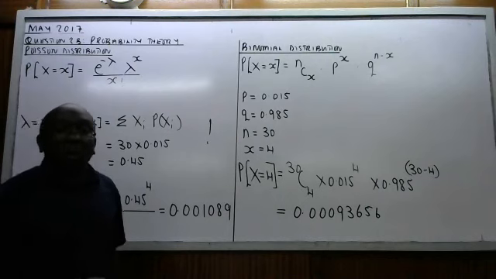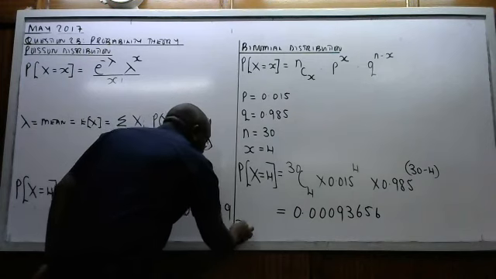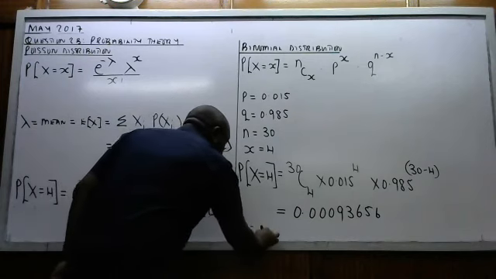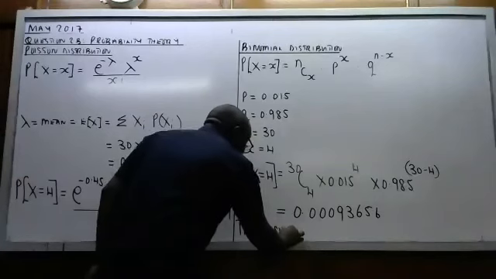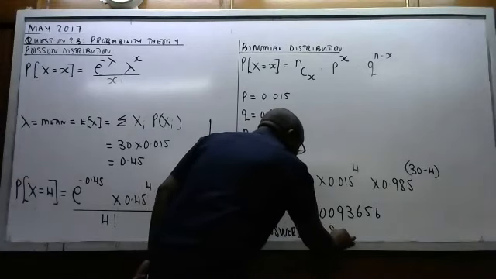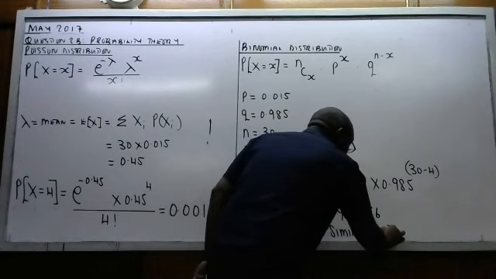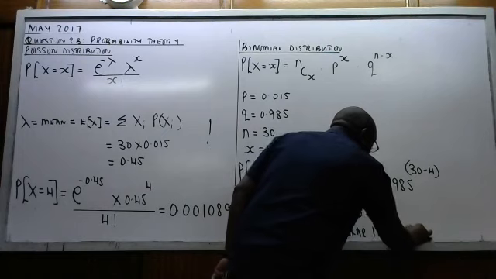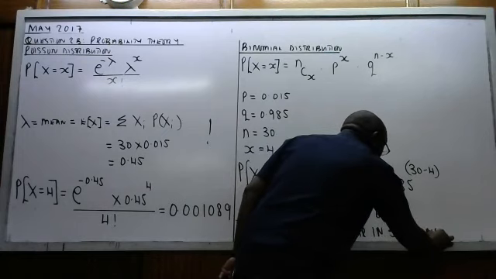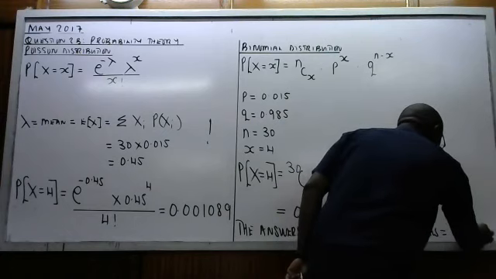So when you are told to compare or to comment, you will say the answers are equal, are similar in 3 decimals. If you are to express them in 3 decimals, they will be 0.001.